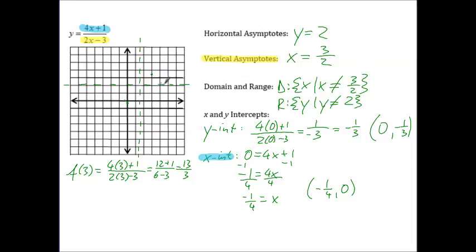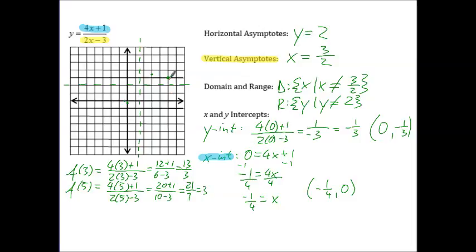Let's find one which is a little closer to the horizontal asymptote. I'm going to use 5. f of 5 is equal to 4 times 5 plus 1 over 2 times 5 minus 3. And that is 20 plus 1 over 10 minus 3. 20 plus 1 is 21 over 7. In other words, 3. Yay, we got an integer here.